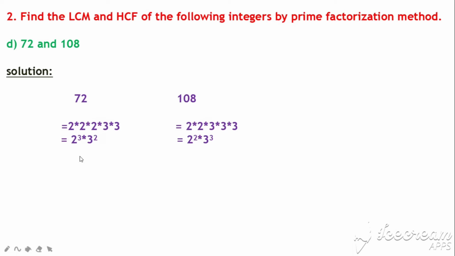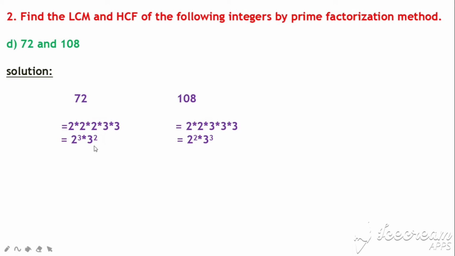Now coming to HCF. HCF is the smallest power of common prime factor. So first you need to check the common prime factors. So among these two, the common prime factors are 2 square and 3 square. See, 2 square is present in 2 cube and 2 square is present in 2 square.